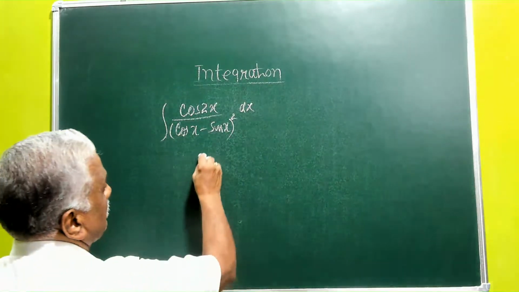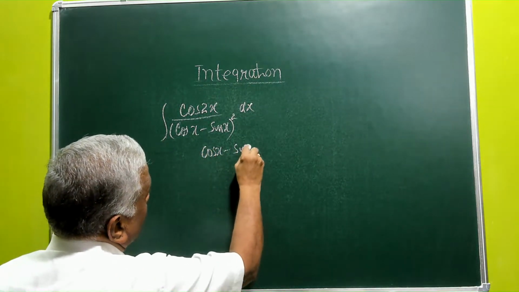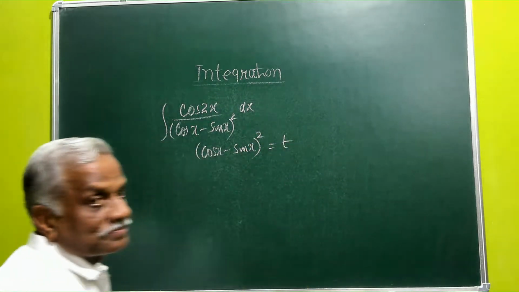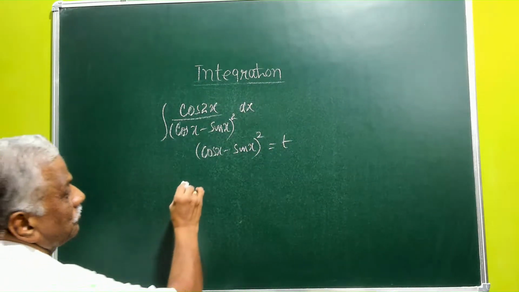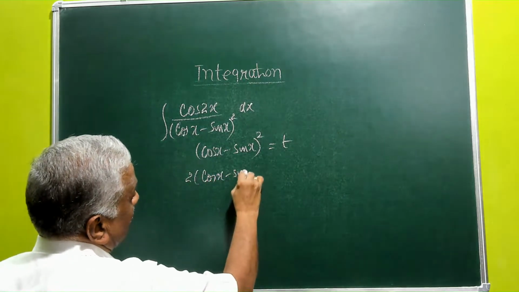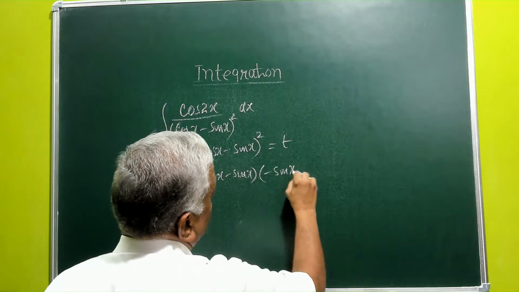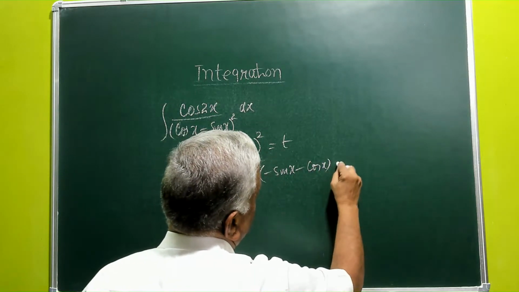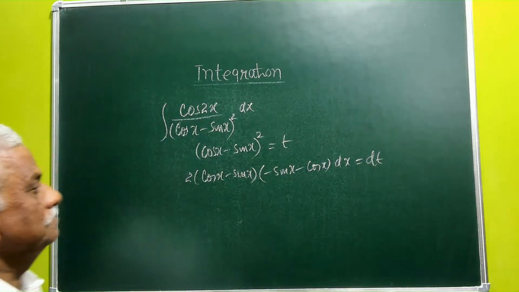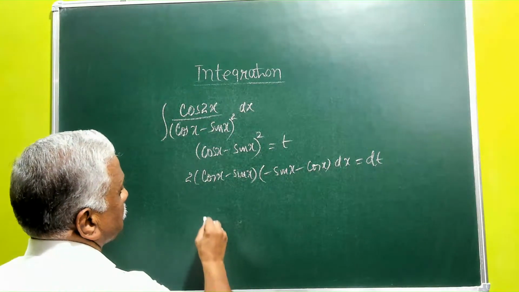So what you can do is, you take cos x minus sin x whole square itself as t. We're going to use chain rule. This is 2 into cos x minus sin x into minus sin x minus cos x dx is dt. So what do you get here?